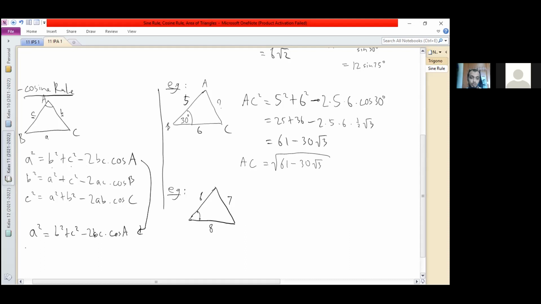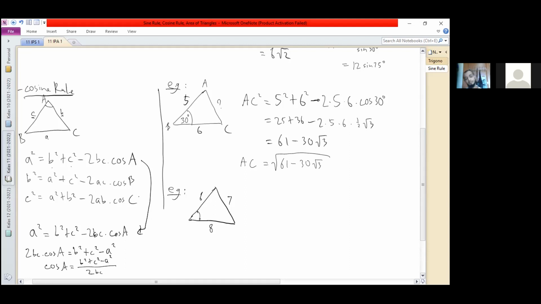We get 2bc times cosine of a equals b squared plus c squared minus a squared, so the cosine of a equals b squared plus c squared minus a squared divided by 2bc.